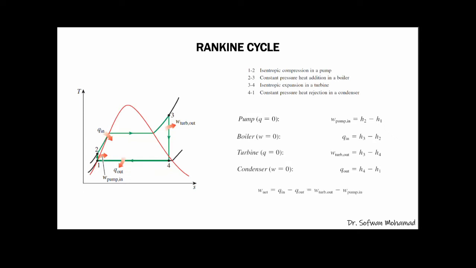And we can calculate the net work using Q in minus Q out, or work done by turbine minus work done by pump, and the efficiency of this cycle using this equation. So all of this you have learned in detail in thermodynamics 2.